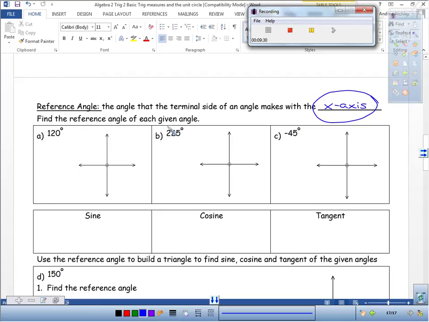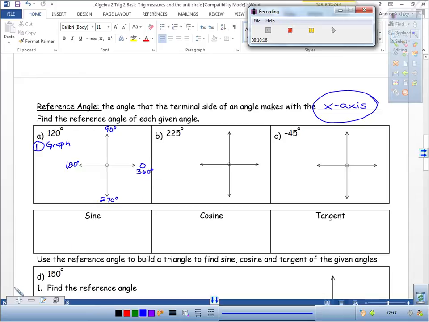So to find the reference angle of the given angle, we're going to first graph it. So we're going to graph 120. So this is 0, this is 90 degrees, this is 180 degrees, this is 270 degrees, this is 360 degrees.